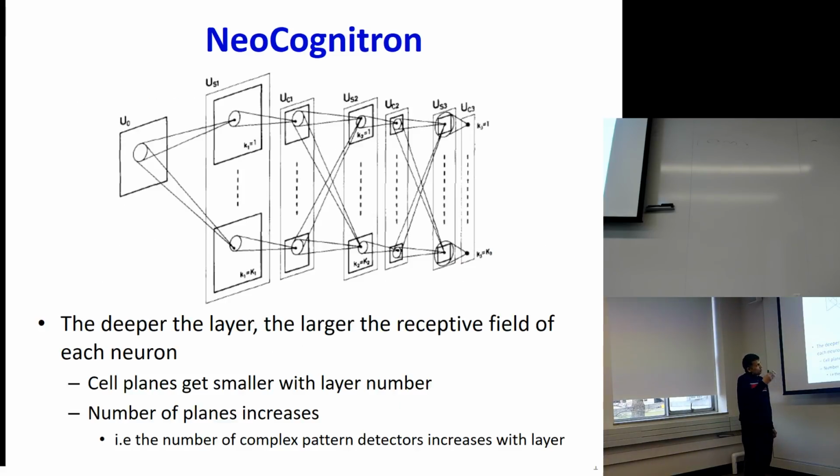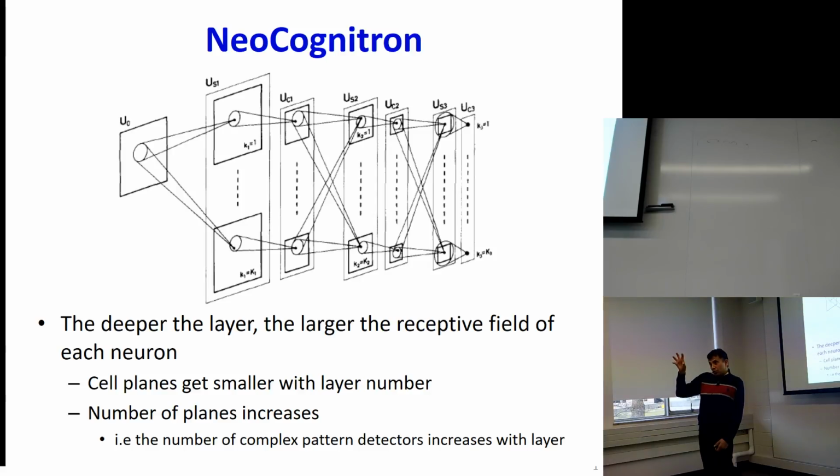Now, the deeper you go into these layers, the larger the receptive fields for each neuron. And there's a reason for this: each neuron in the C cell is looking at a group of neurons in the S plane.